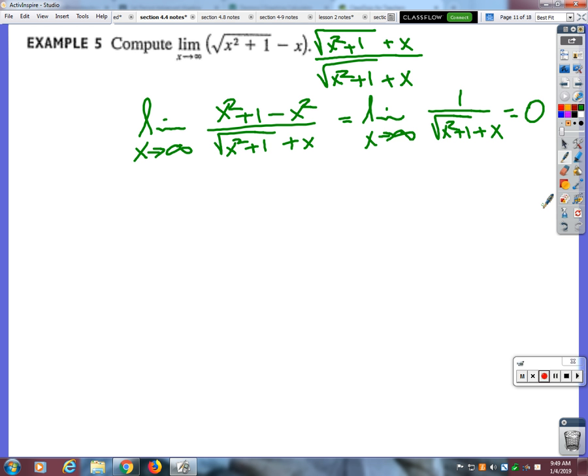So that's a good question. Thank you for asking it. It's 1 over all this stuff, and technically I'm skipping a little step here. What we're supposed to do is say the largest power of x in the denominator here is 1, so I'm going to multiply everybody by 1 over x. So this would become 1 over x. 1 over x underneath the square root is 1 over x squared.